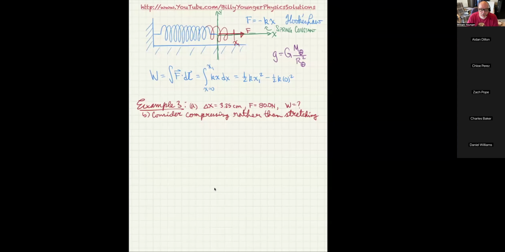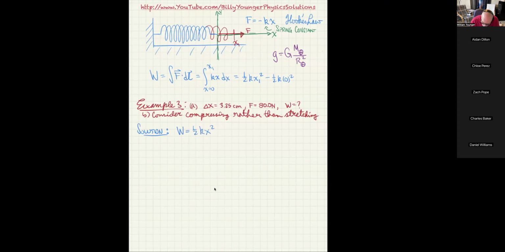Okay. So something might jump out at you. We know that the work done in compressing a spring, or in this case, stretching a spring, is 1/2 k x squared.